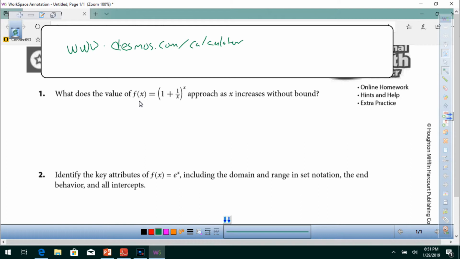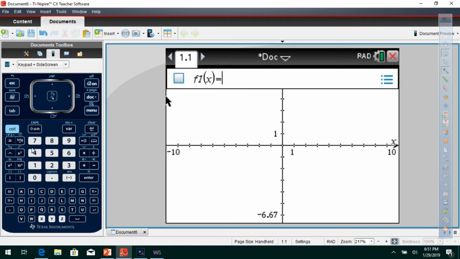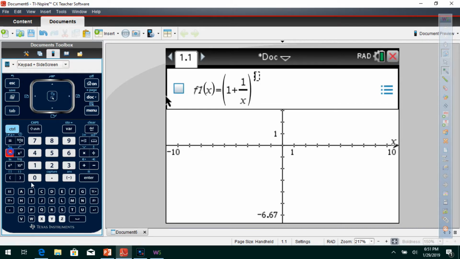What does the value of f of x, 1 plus 1 over x to the x power approach as x increases without bound? Let's try that. So let's go to graph, and we got open parenthesis 1 plus 1 over x to the x power.